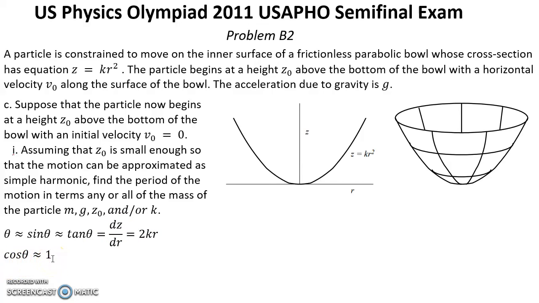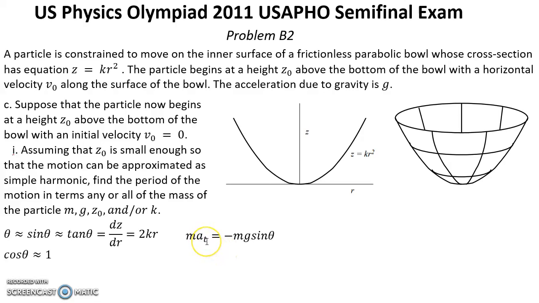Now let's write the equation for tangential acceleration. Tangential acceleration we can find from this formula. Also we have centripetal acceleration, but because the motion is very small, we can neglect centripetal acceleration.